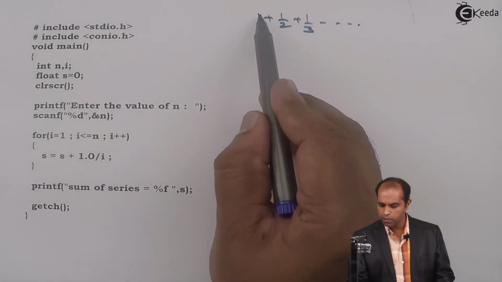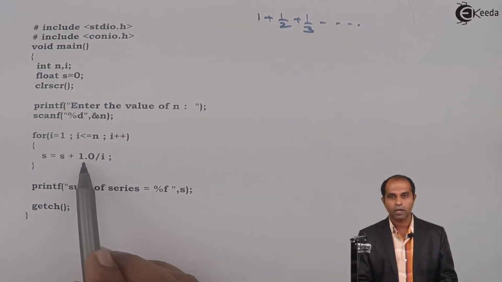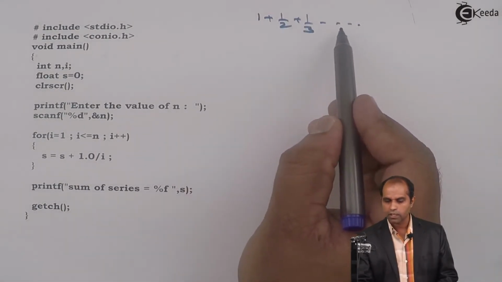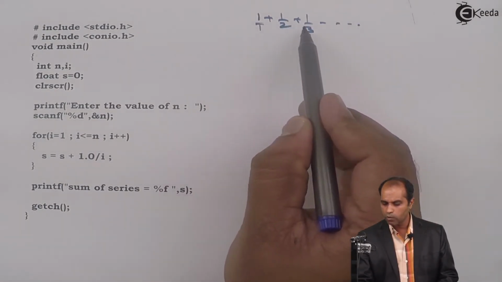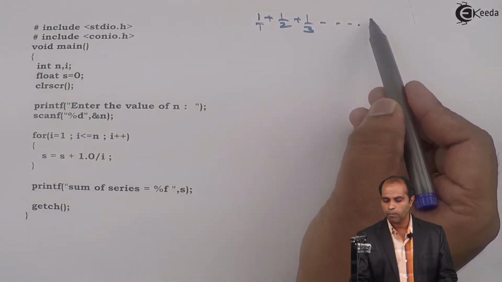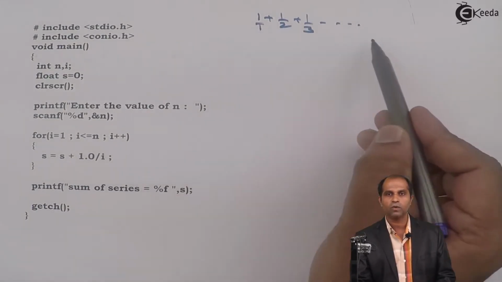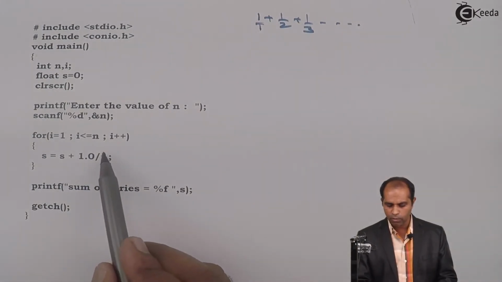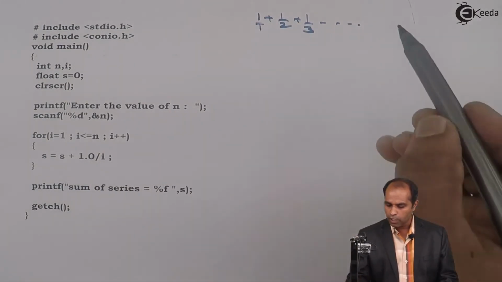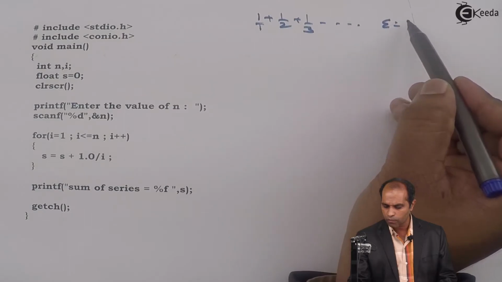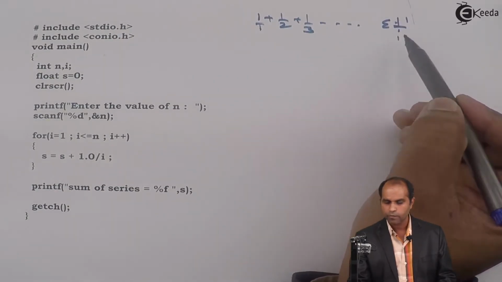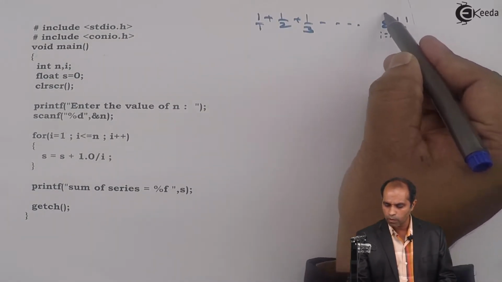Here the numerator is constant, so numerator is 1. The denominator is changing, 1 by 1, 1 by 2, 1 by 3, up to n. So why don't we express that denominator as i? The expression which I constructed was summation of 1 by i, where i was taken from 1 to n.